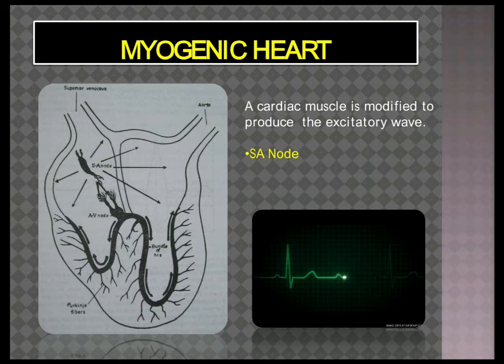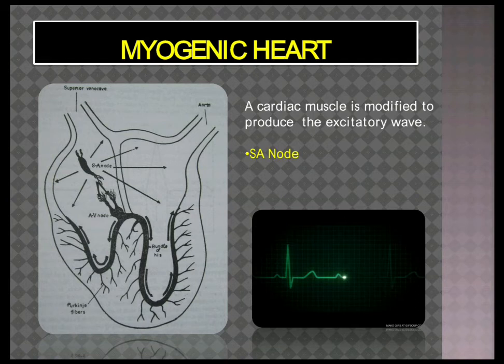But here we have the SA node very particularly present in the wall of the right atrium. So it is not an extra cardiac tissue. Now, how is it formed?